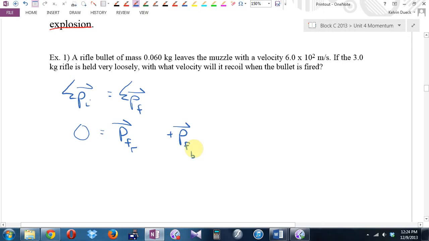Momentum is what times what? So this is going to be 0 equals m rifle v rifle final vector plus m bullet v bullet final vector.